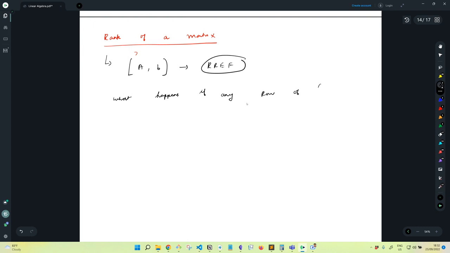What happens if any row of A, let's not worry about the b portion as of now, is all zeros? RREF will always convert the augmented matrix, but I want you to focus on the matrix A only. What does that mean?